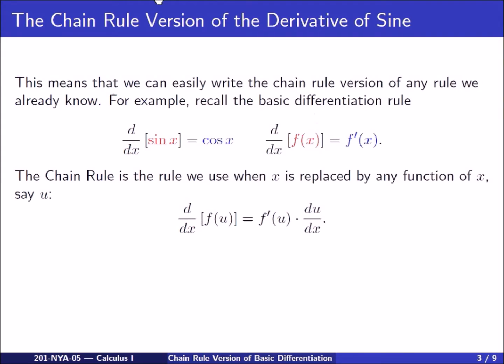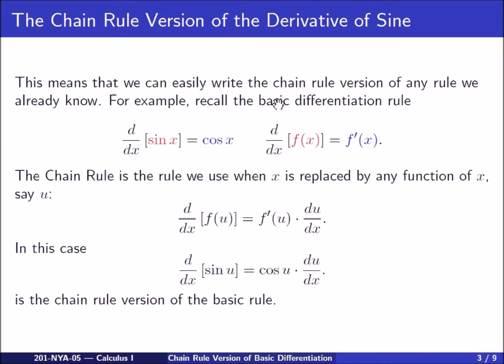So for instance, if I take this specific basic differentiation rule, to get its chain rule version, all I need to do is replace x by u and multiply here by du dx, and I get this. So this rule here is what we call the chain rule version of the basic differentiation rule, derivative of sine x equals cos of x.